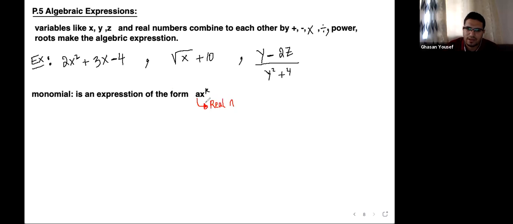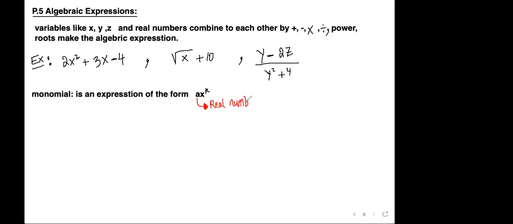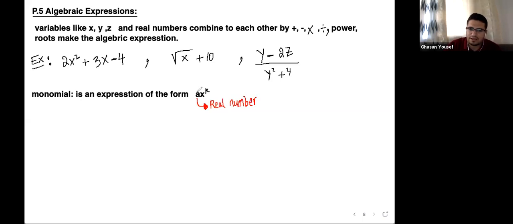Anything of this form, a times x to the power k, is called a monomial. Like the number 5 times x to the power 2.